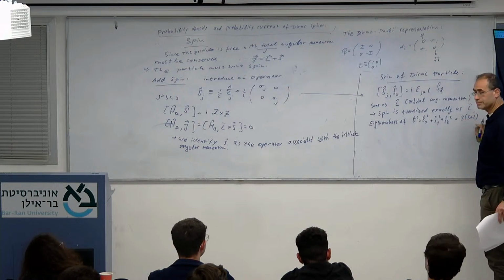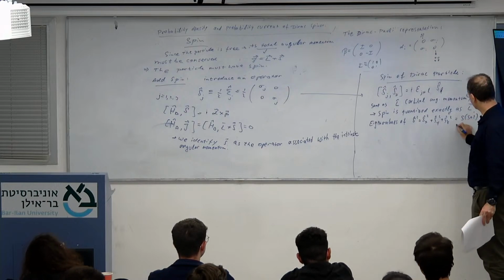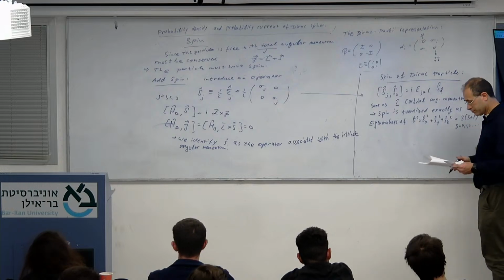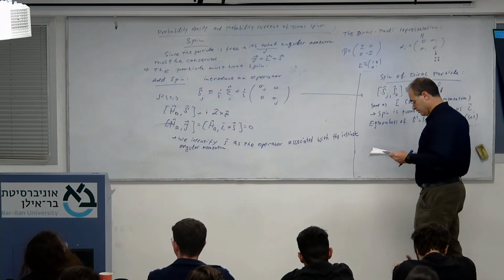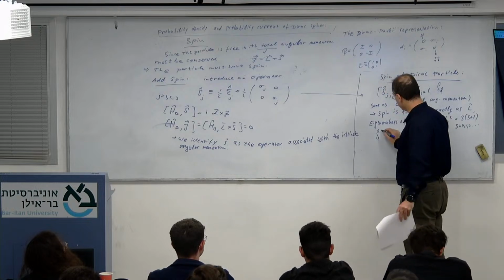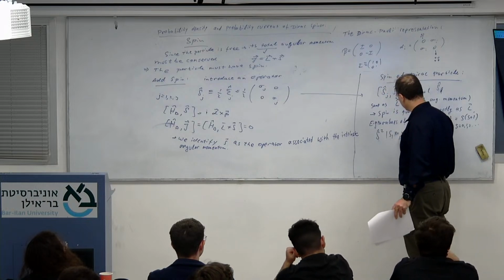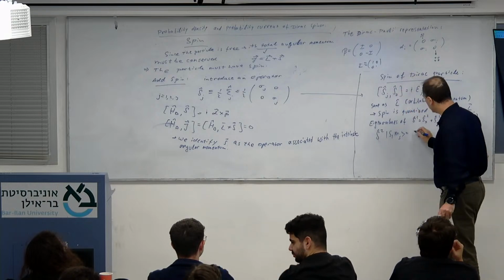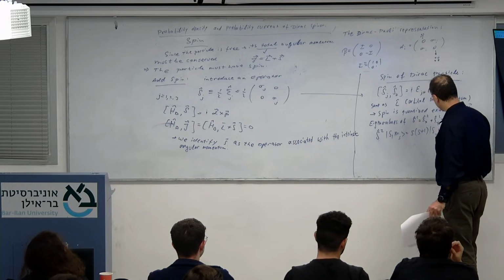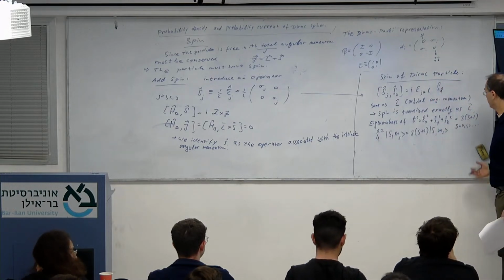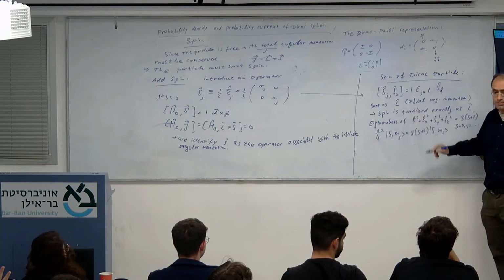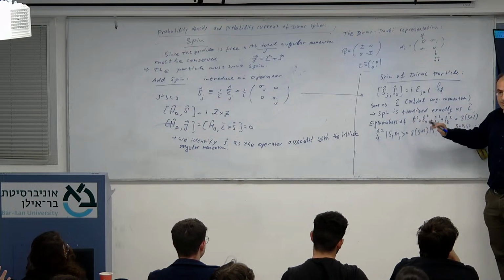These are numbers, right? s is equal to 0, 1, 2, whatever. So S squared acting on |s, ms> is equal to s(s+1)|s, ms>. Why? S has the same eigenvalues as the orbital angular momentum. This I assume that you've seen.